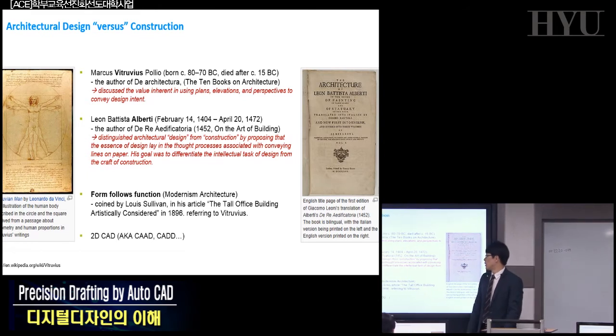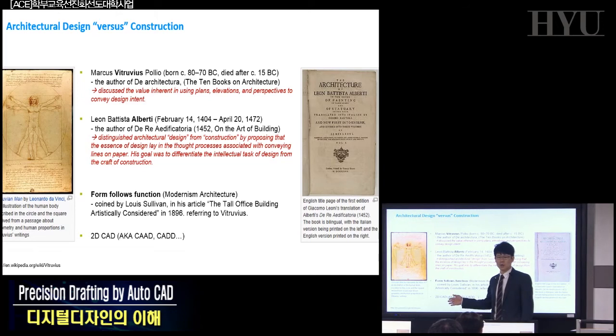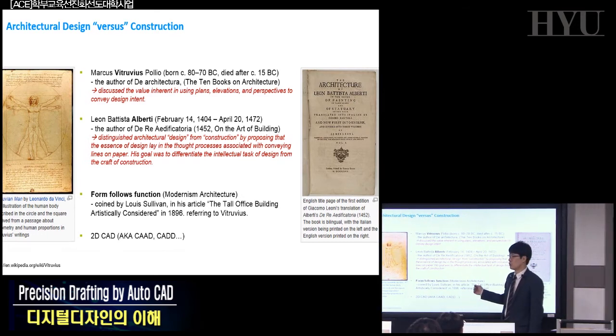So even if we developed computers around 60 years ago, and 30 years ago the architectural design industry adopted the 2D CAD system so that we can draw by computers, not by hand.